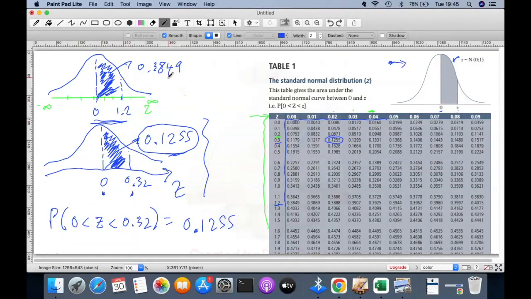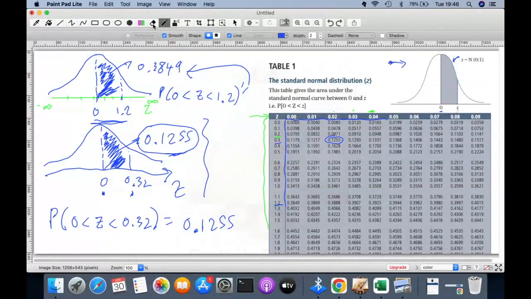So what we actually worked out is the probability of z being between 0 and 1.2, and that happens to be 0.3849 from the table. So that's why the area is important. It gives you the probability of z being between 0 and whatever z value you are looking for.